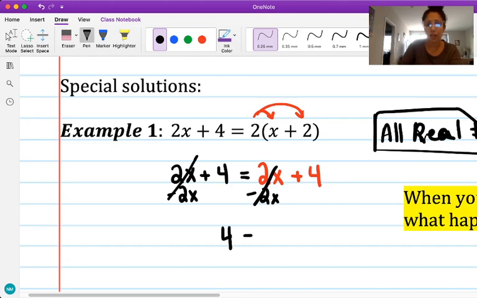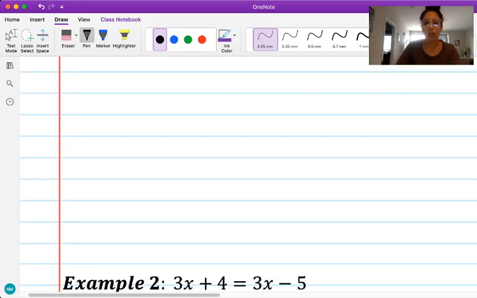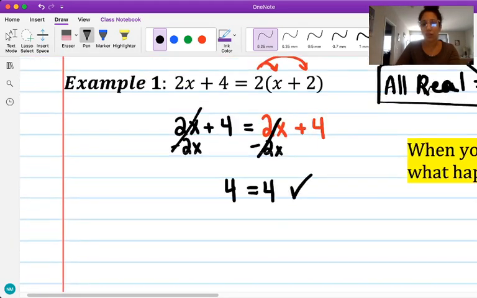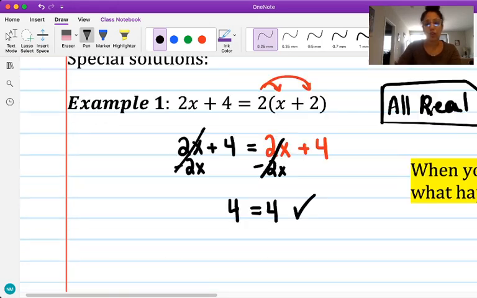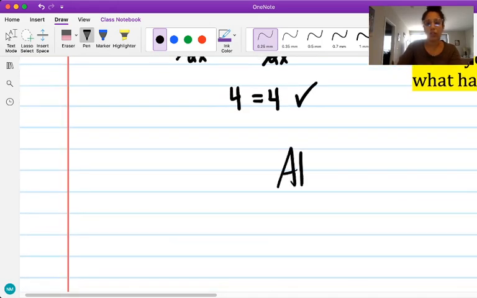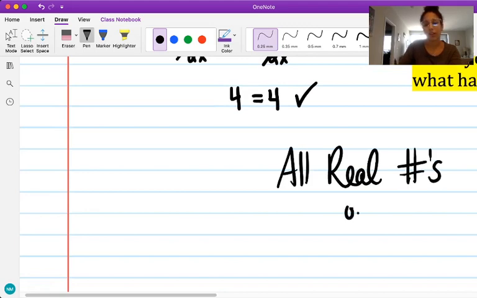Is this a true statement? Yes. So this is all real numbers, infinite solutions. Versus, I'm going to write that down. All real numbers or infinite solutions.